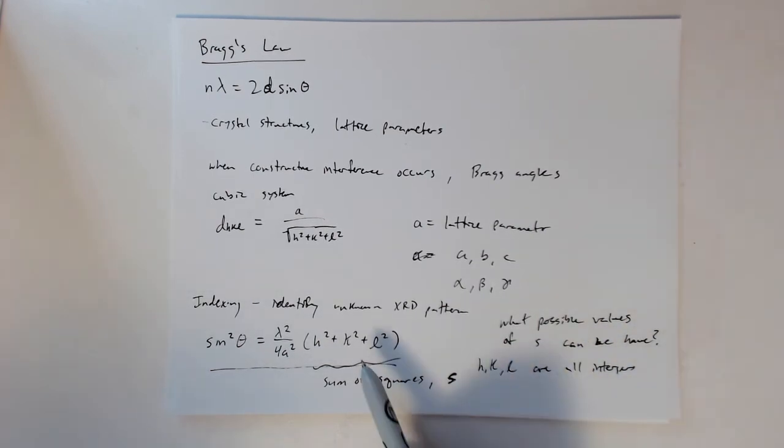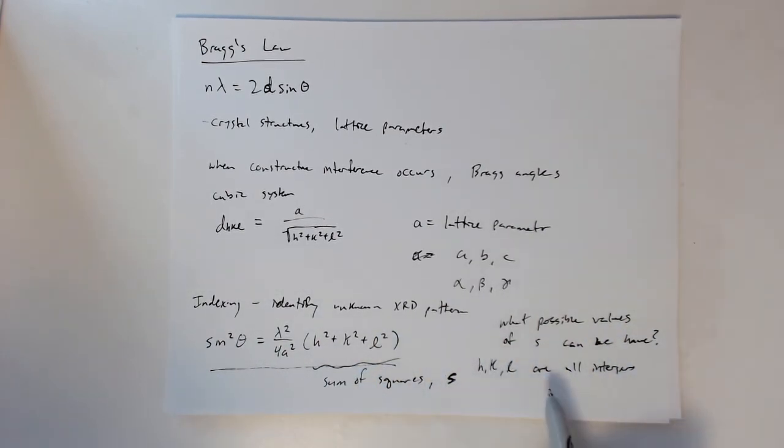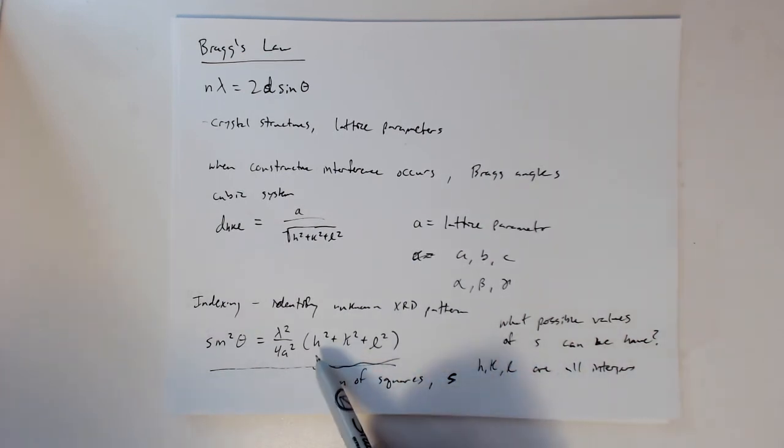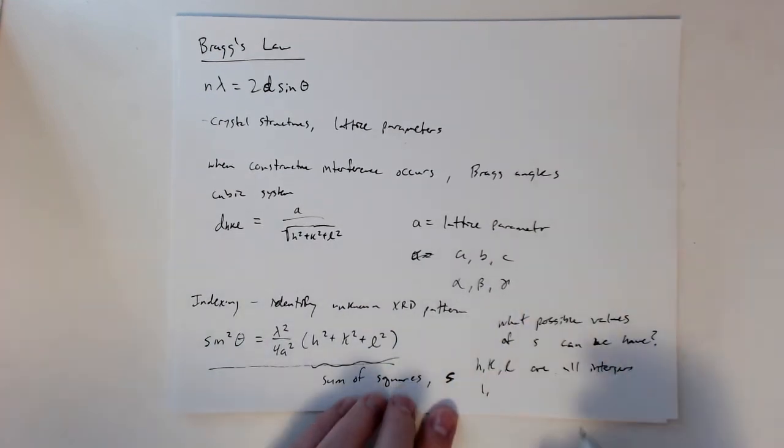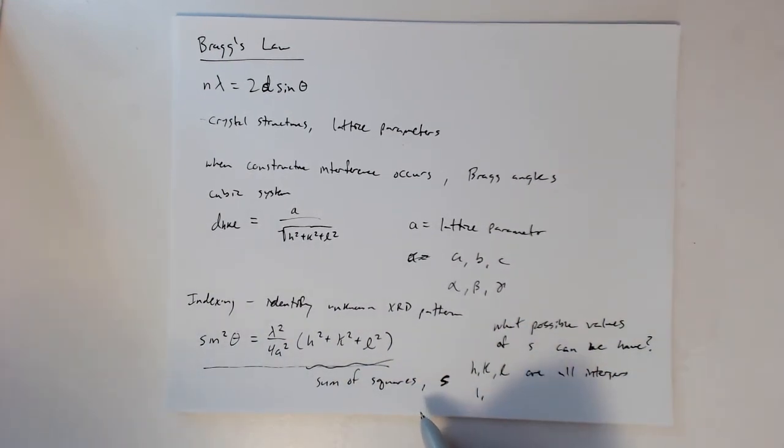For possible values, the lowest would be all zeros, and that doesn't really make sense, so we won't start with that. But the lowest value we could have is if we make one of these 1 and the rest 0. Plugging that into this expression, 1 squared plus 0 squared plus 0 squared, we'd get 1. So our lowest value of sum of squares would be 1.